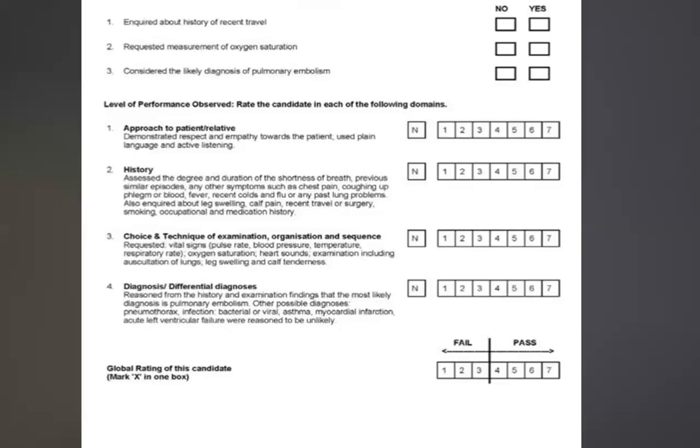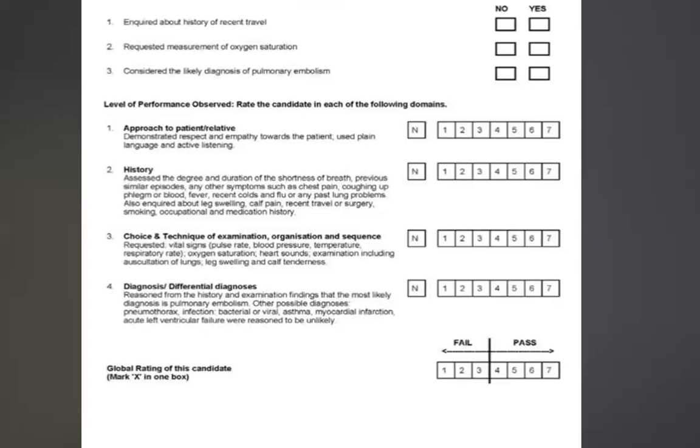Another important domain that we are assessed in is our diagnosis and differential diagnosis. There are a few points with regard to this. First of all, we have to mention our main diagnosis first, always, and then our differentials.